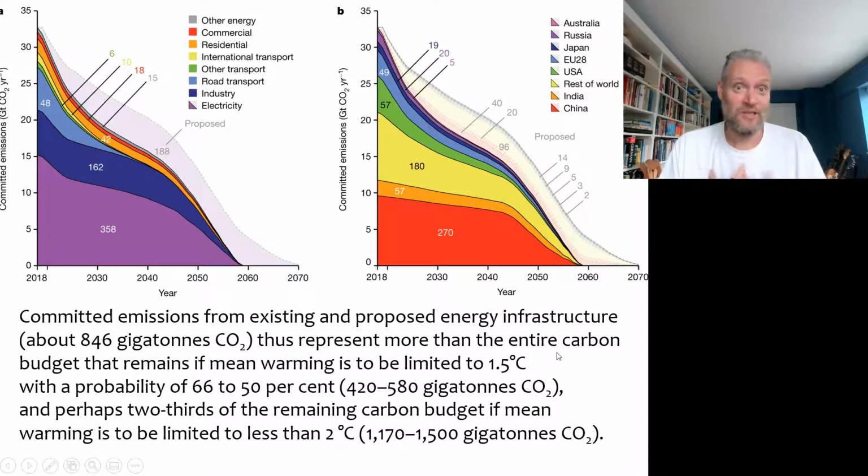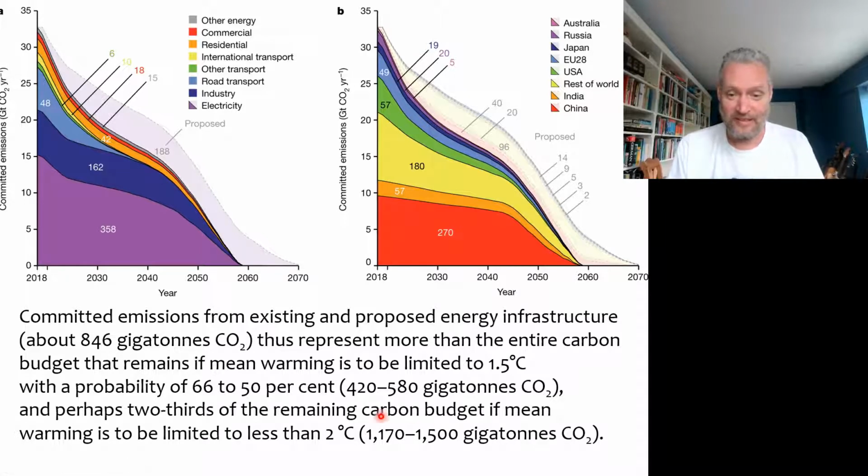If we want to limit global warming to 1.5 degrees Celsius, then we can only emit somewhere between 420 and 580 additional gigatons of CO2. We're going to blow that budget just by having capital live until the end of its natural life.